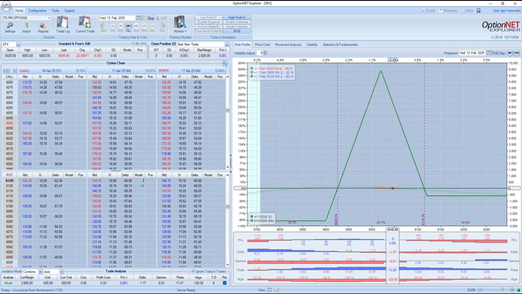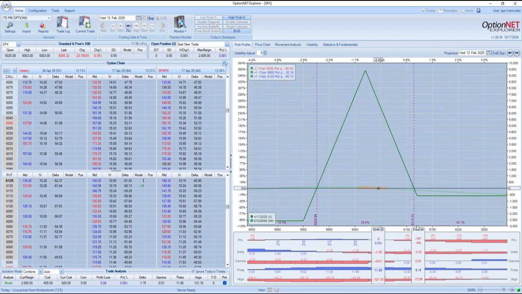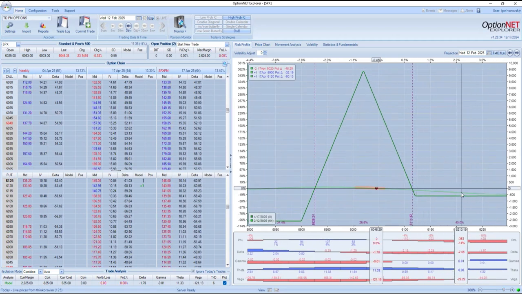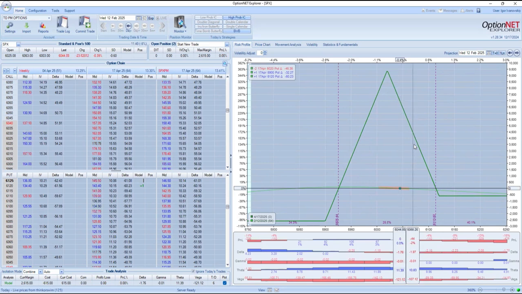right? What is our upside risk? Our upside risk is the debit that we're paying to put this trade on, or $6 or $600 for one contract. What's our downside risk? Well, our downside risk is the difference between these two spreads. Remember, A, B, B, C, right?